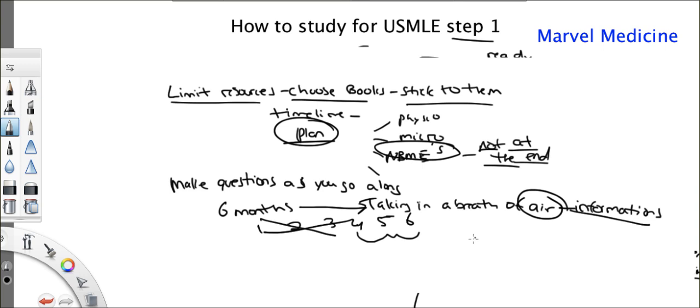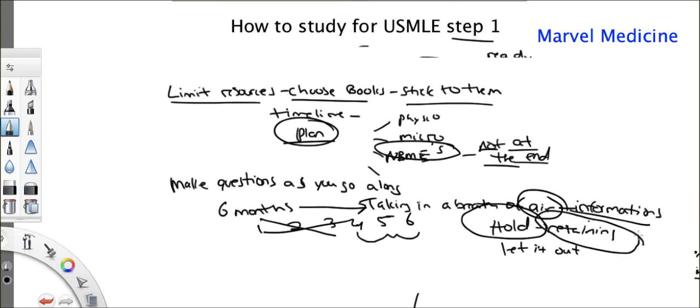When you take in that breath of air, hold it. That's when you're retaining the information. And when you go to the test, let it out. My point is that you cannot hold your breath for that long. You cannot retain this information forever.